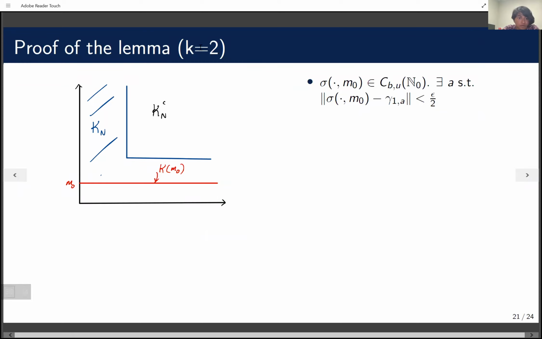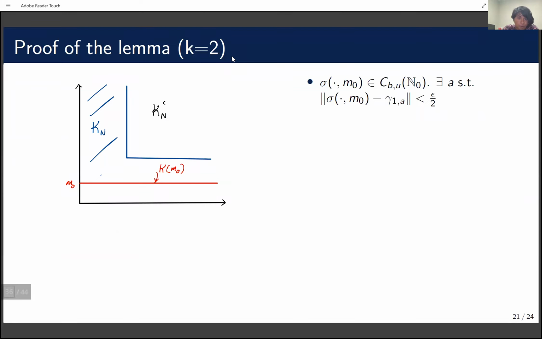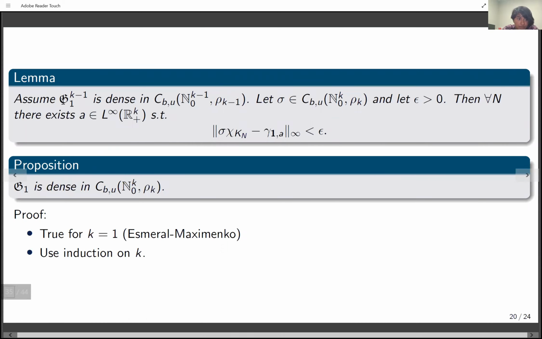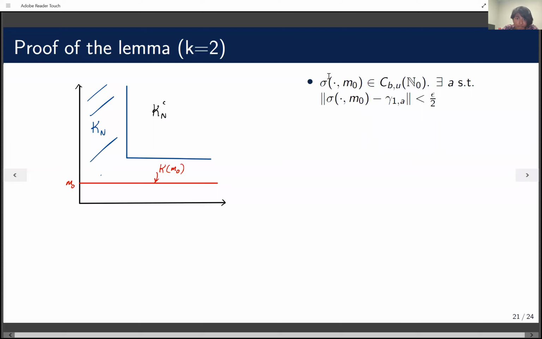First I'm going to discuss just the proof for dimension 2. We are going to assume the density for k minus 1, and we take sigma in CBU, and we let epsilon be greater than 0. We need to find a symbol such that sigma restricted to Kn can be approximated by an eigenvalue function. First we fix one of the variables.